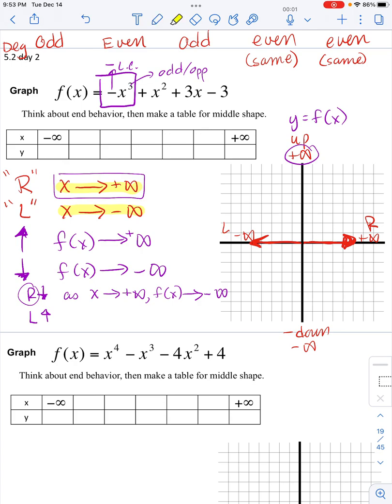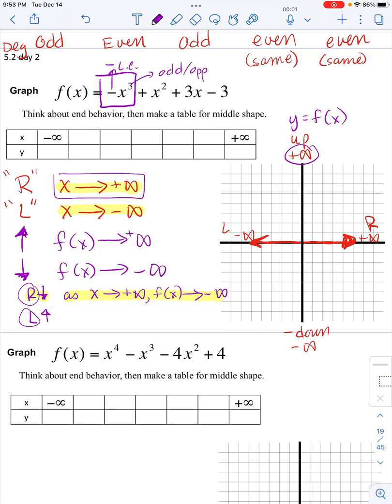So this is the notation that we're using to say the right end's going down. Why? Because that's called limit notation, and we're going to need to learn it in pre-calc so we can use it in calc. So we practice it in Algebra 2.